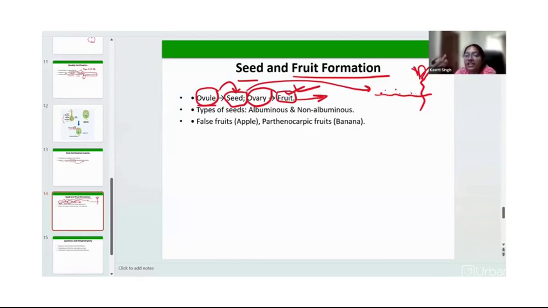So the result of sexual reproduction is nothing but the seed and the fruit that we are having. This is possible only because the plants undergo the process of sexual reproduction. That is why we are able to have food for us.